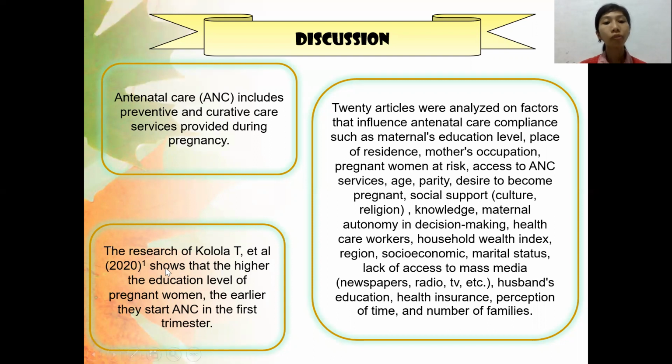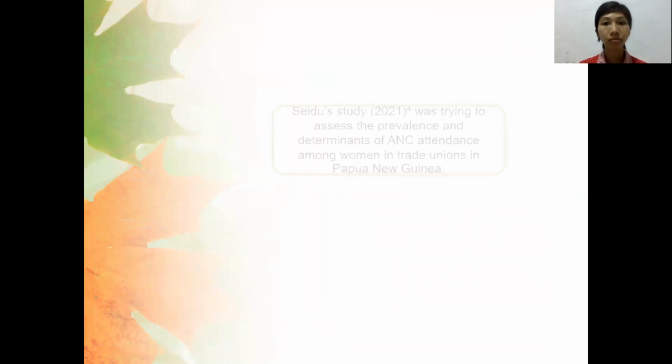The result of Colola T et al. 2020 showed that the higher the education level of pregnant women, the earlier they start ANC in the first trimester.